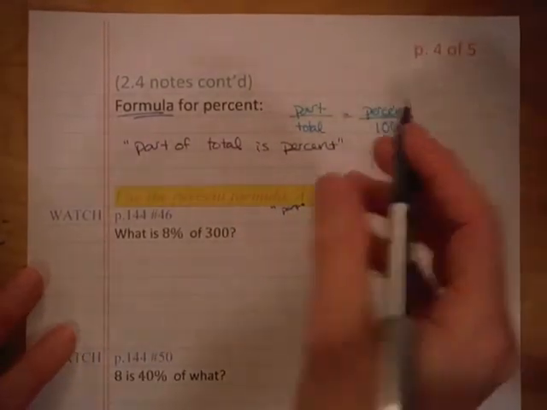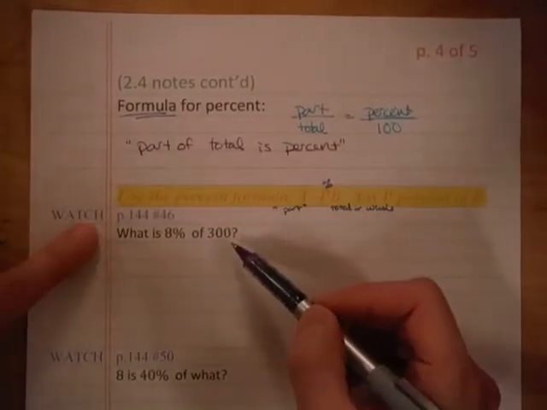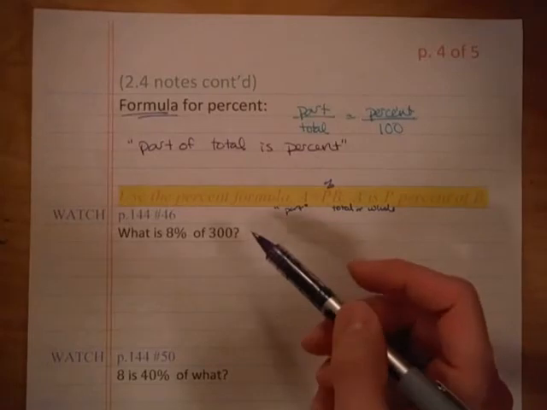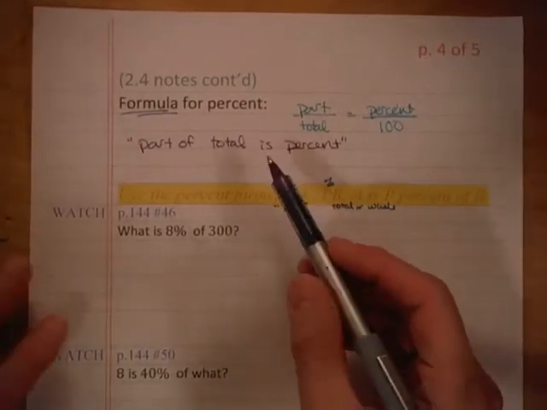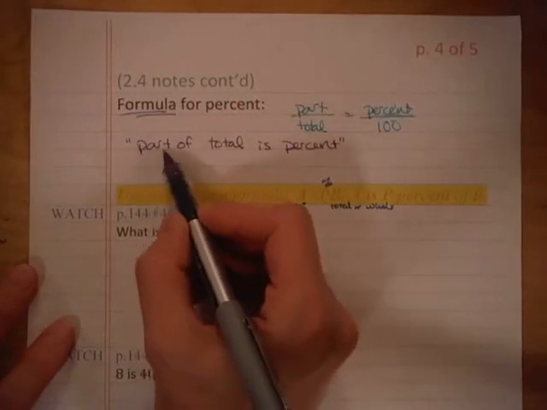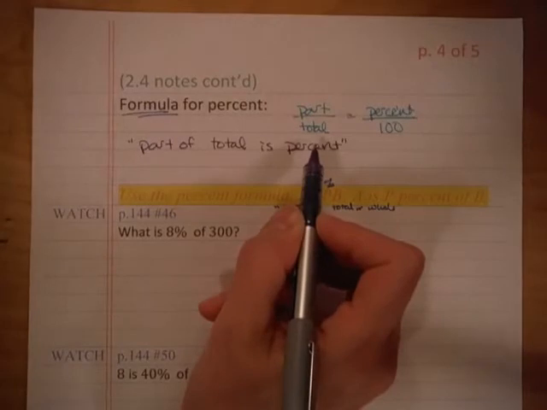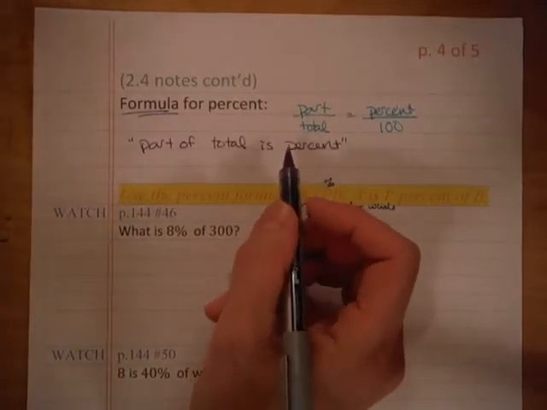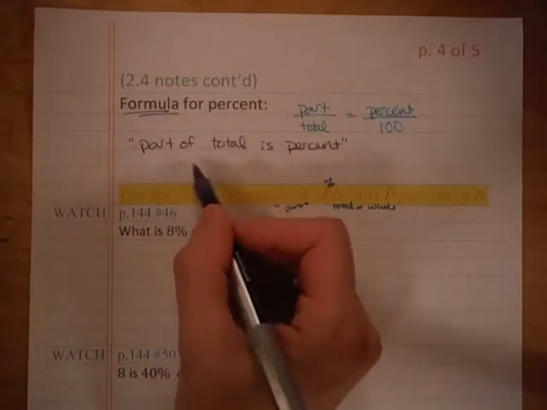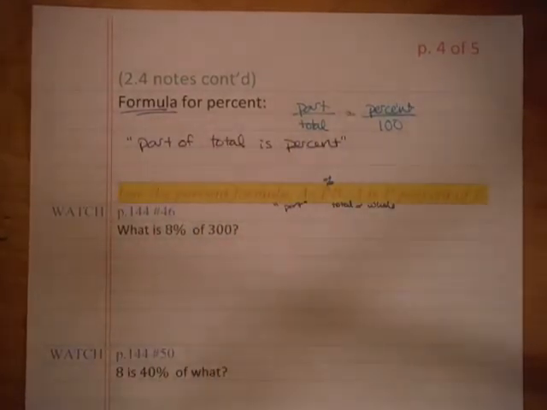Or it might be rearranged, like this first one: what is 8% of 300. You'll see them rearranged in different orders, but if you look at the pieces of this, whether they're rearranged or not, they all represent the same thing.